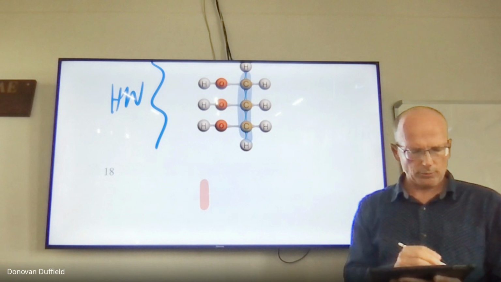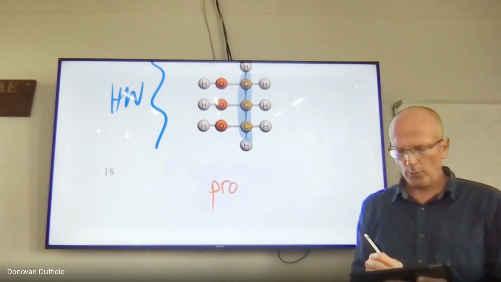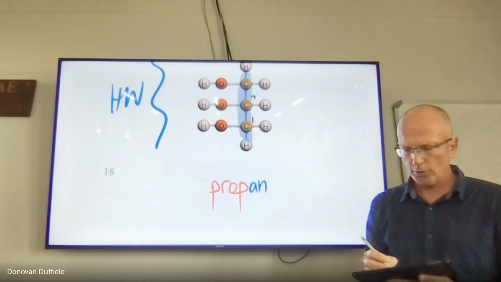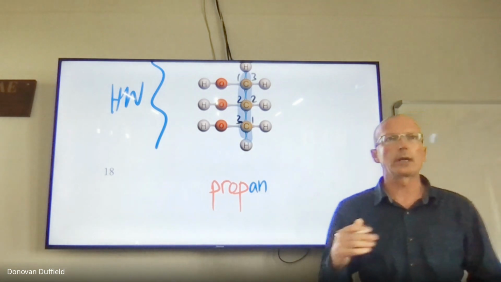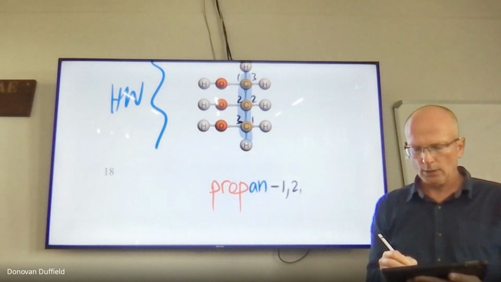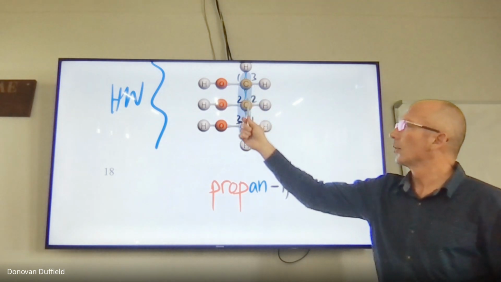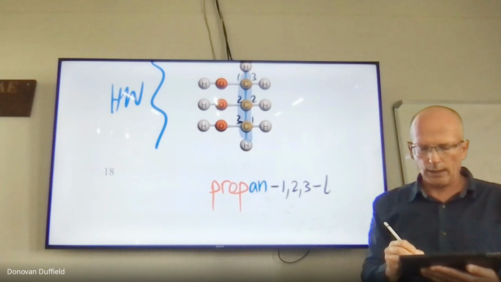So this is going to be propan. Now, if we look here, 1, 2, 3, it doesn't matter which way we number it.